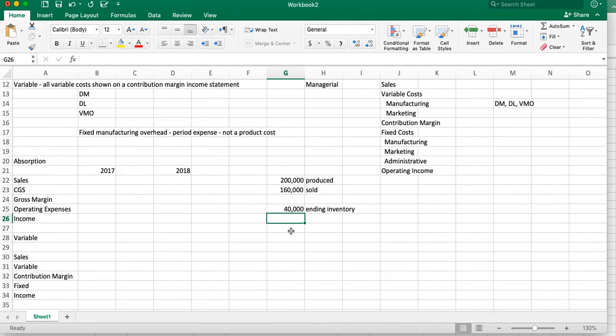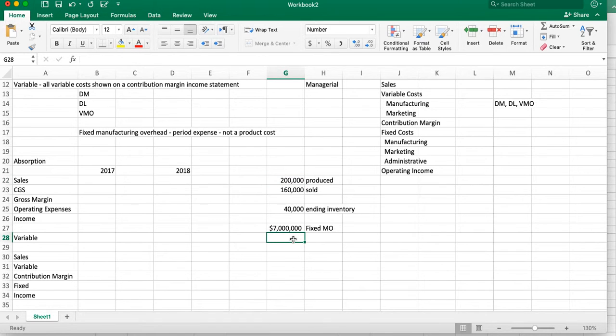So let's just say in the same problem, my fixed manufacturing overhead is $7 million. In absorption costing, I'm going to take that $7 million and allocate it to my units based on my production.